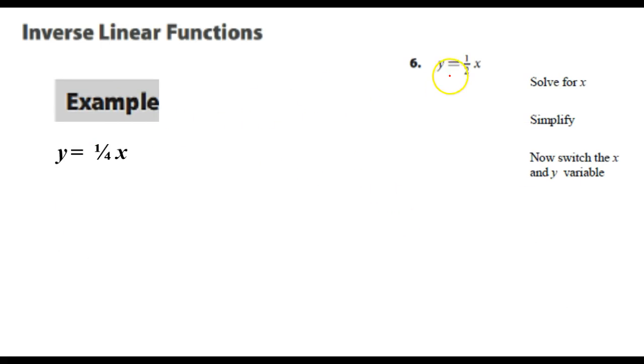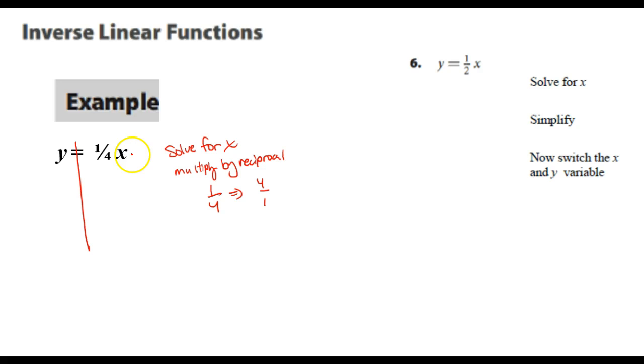Alright, so for number 6, which is a little different, I'm just going to do one more example so you can kind of see how that's done. Again, I'll draw a line straight down the middle and we'll solve for x. So you'll see that I'm multiplying by 1 over 4. So what I'll do is I'll multiply by the reciprocal of 1 over 4, which would be 4 over 1.